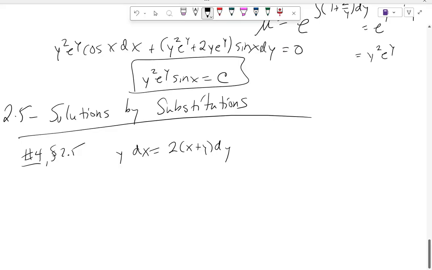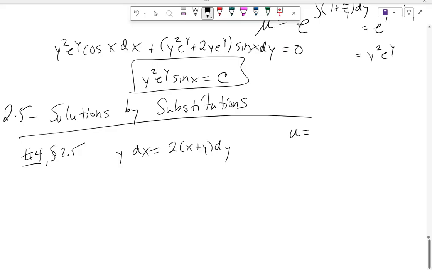All right. If it's homogeneous, then we're going to make a substitution that's going to allow us to rewrite this as a separable differential equation. The substitution that we're going to make typically is either, well, you could do one of two, but it's usually one.